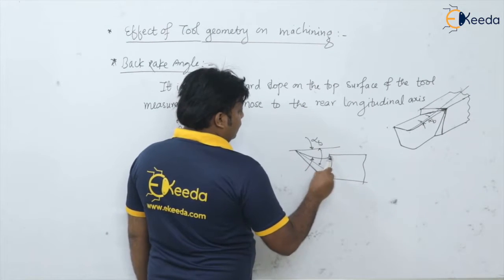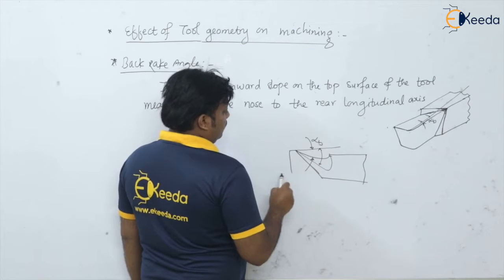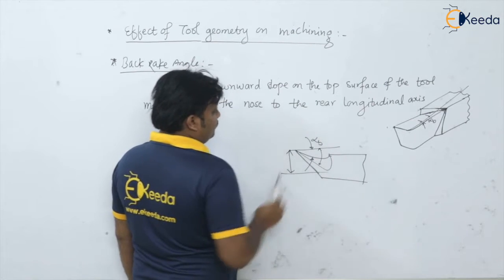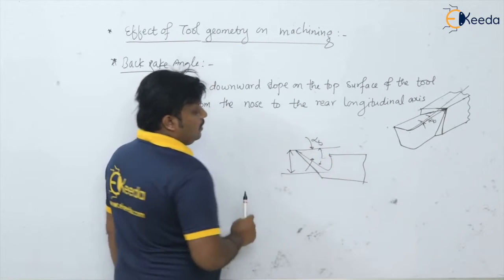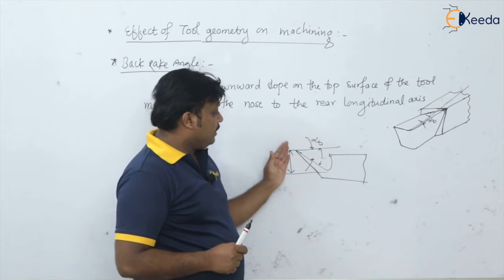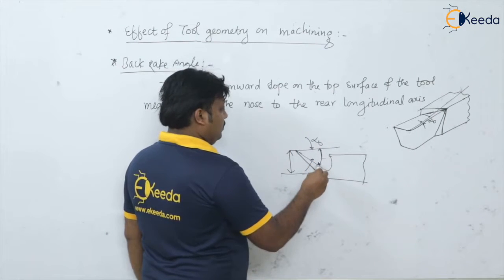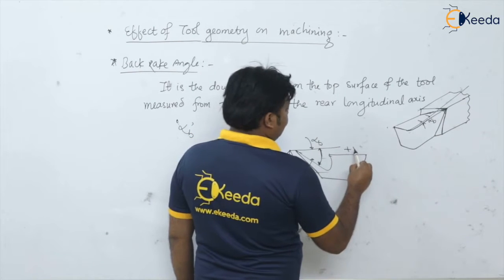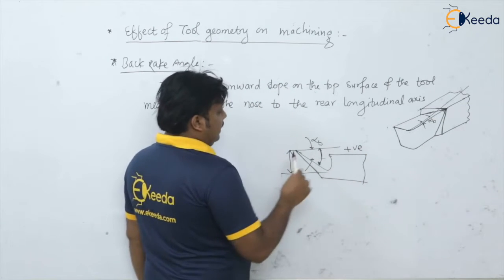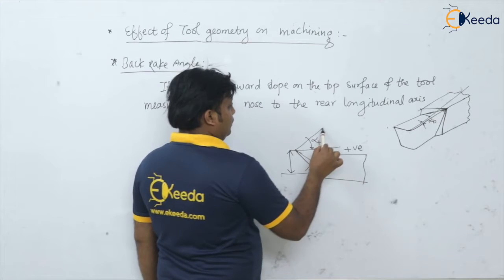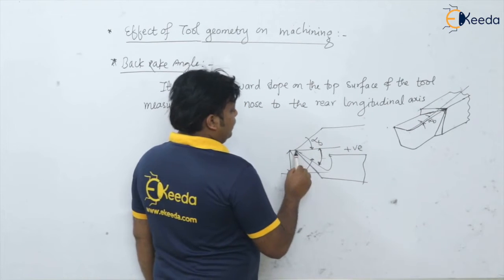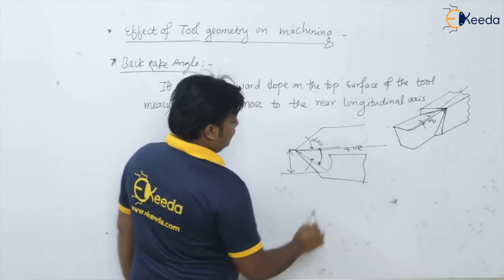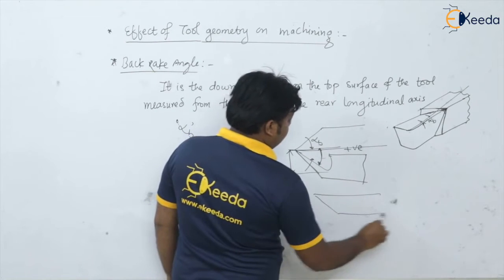See here, the tool is going to be more and more weak if you increase in this positive direction. Please remember, this is the positive increase, and in negative we are going like this. This is the negative rake, and zero rake will be like this only.